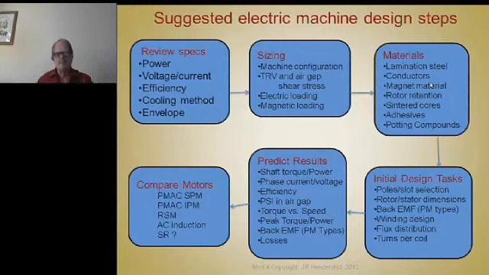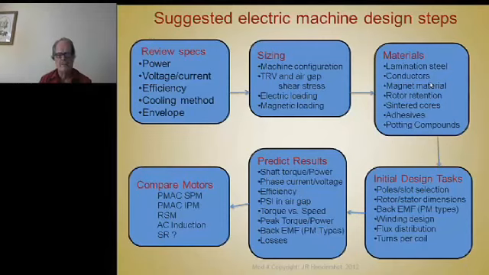Then the next step is to pick the materials required for this machine design. By materials we mean active magnetic materials, not materials associated with mechanically packaging the machine, although those materials do come into play when we get into the thermal aspects of the design. There's a lot of choices of lamination steels to be made, and not too many choices with conductors.